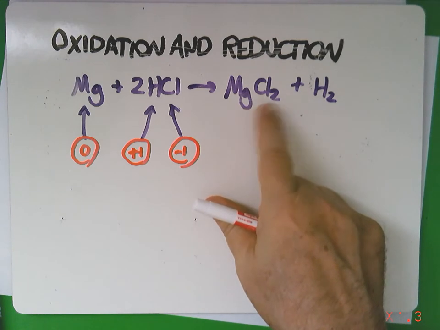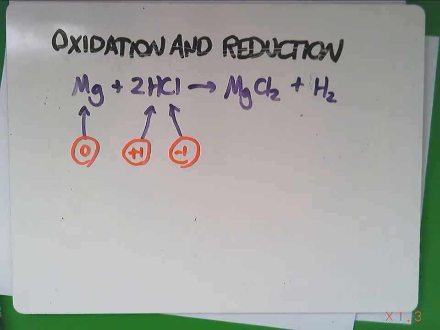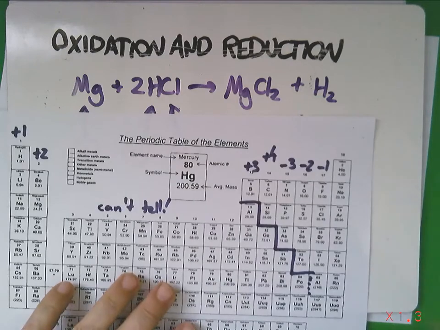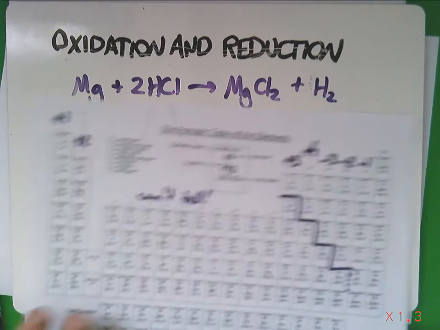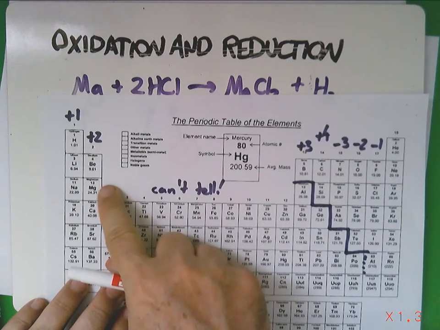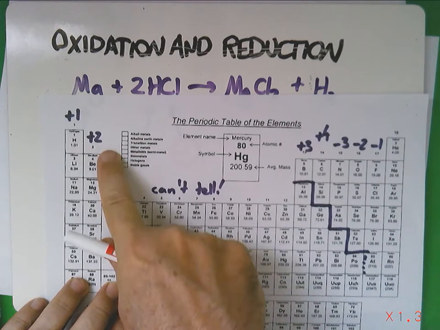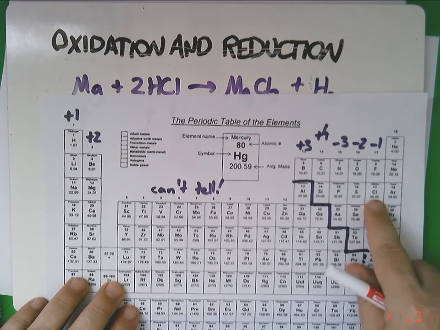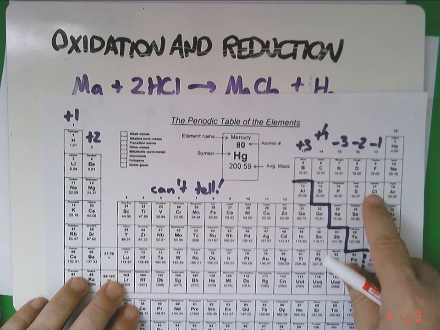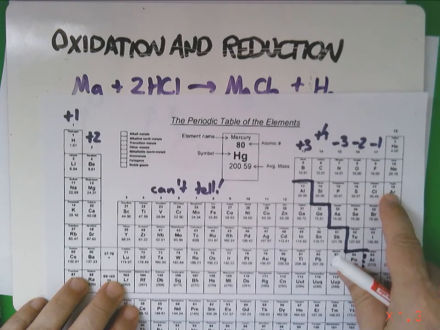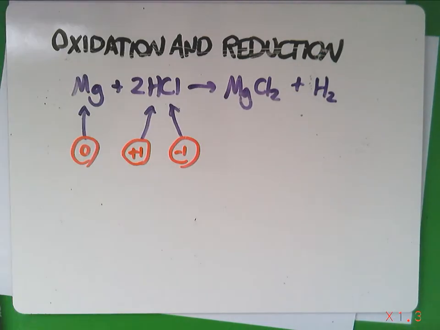But when it's a metal and a nonmetal, I am allowed to put charges in from the periodic table if I can. And if I look at where magnesium is, it's +2. And if I look at where chlorine is, everything in this column wants to gain an electron to be like the nearest noble gas. Chlorine is here in the -1 column.